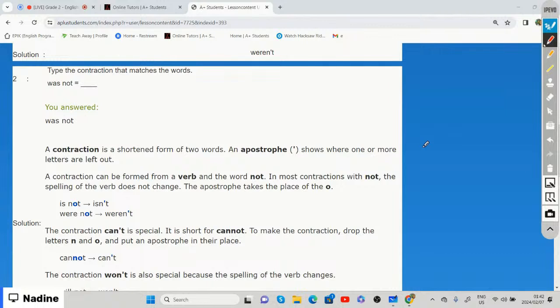Our word was is going to stay the same. You're going to drop the O, then put your N apostrophe T. And there we have our word wasn't. So was not, which is wasn't.